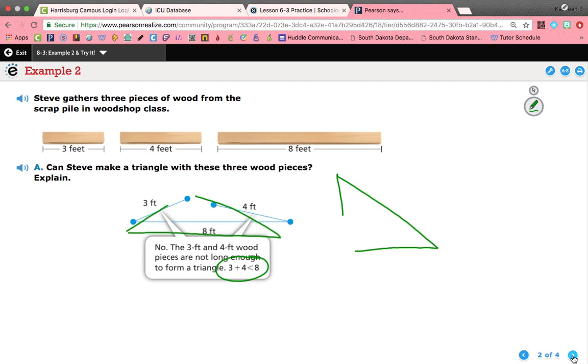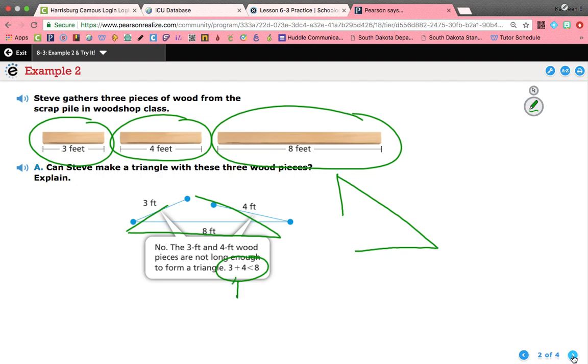So something that we can think about is that when you are trying to construct a triangle, you have 3 sides here, right? We had 1, 2, 3. We learned that the 2 shorter sides have to be greater than or equal to the longest side.